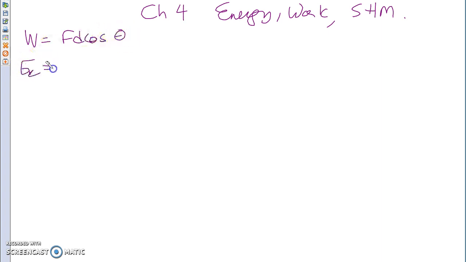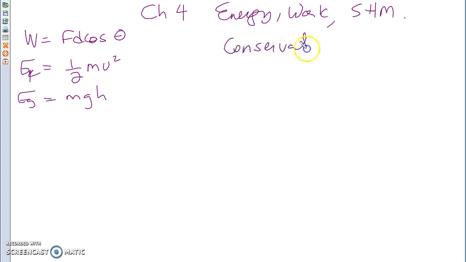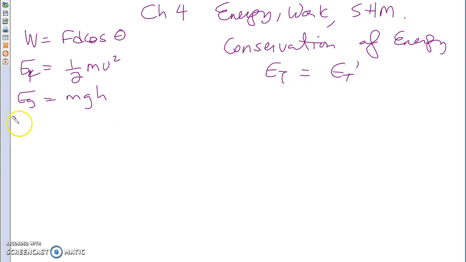We talked about EK equals half mv squared, EG equals mgh. We talked about conservation of energy, E total before equals E total after. We talked about elastic energy, E equals half kx squared. We talked about Fx, which equals negative kx. This was elastic force. Okay.